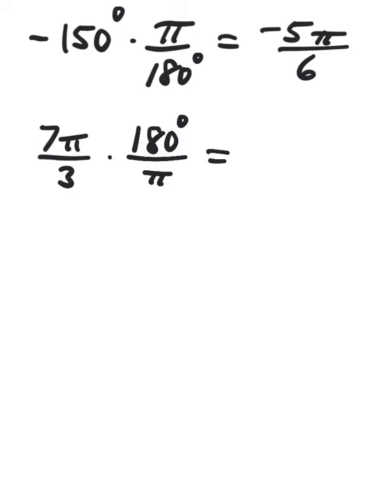Let's look at this multiplication. The pi's cancel right off the bat, a pi on top, a pi on bottom. 3 goes into 180 60 times. 7 times 60, that's 420 degrees, isn't it?